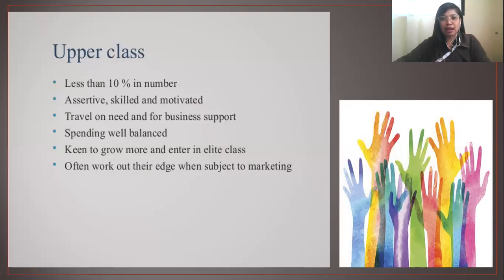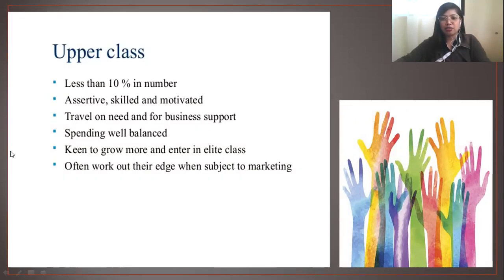The upper class is less than 10% in number, assertive, skilled and motivated. They travel on need and for business, spend in a well-balanced way, are keen to grow and enter the elite class, and often work out their edge when subject to marketing.